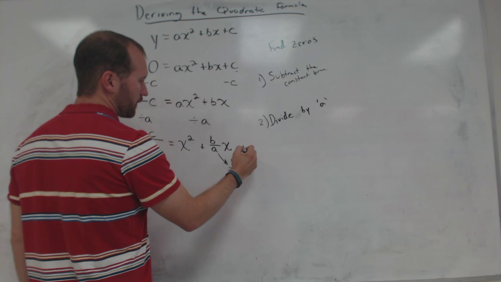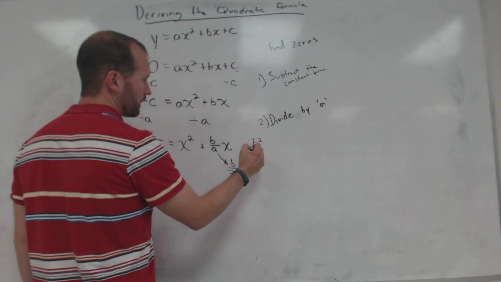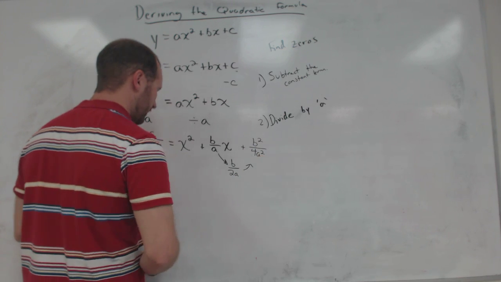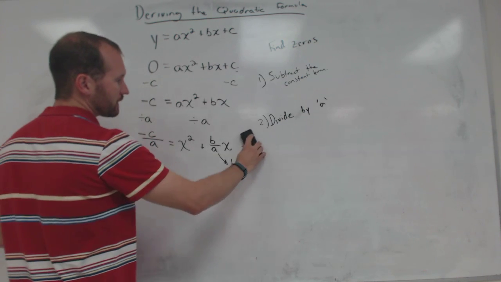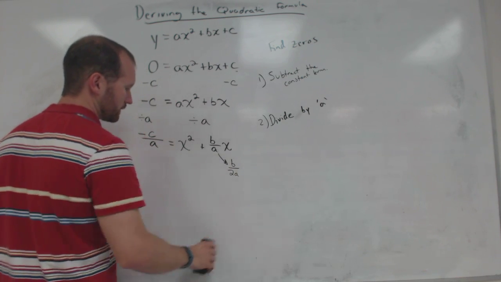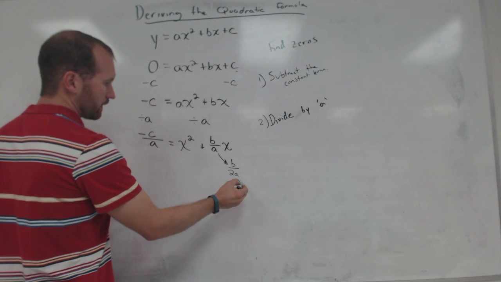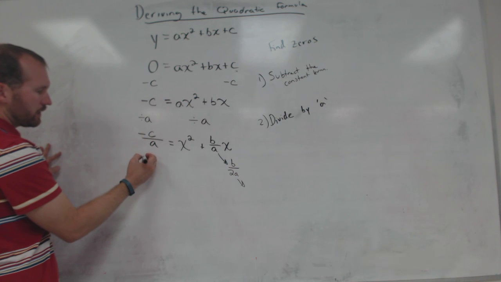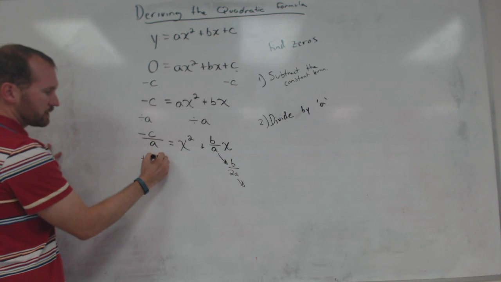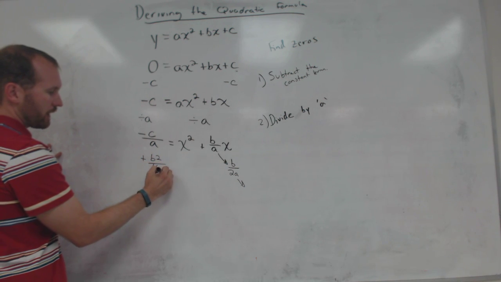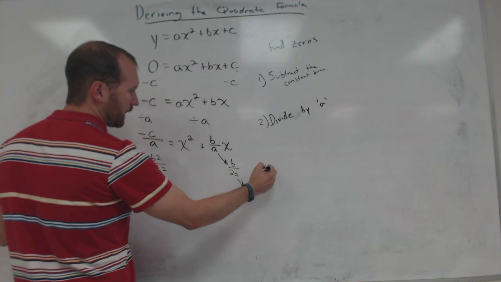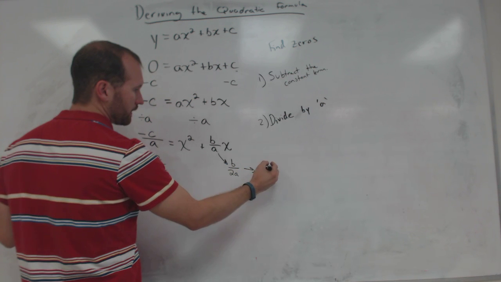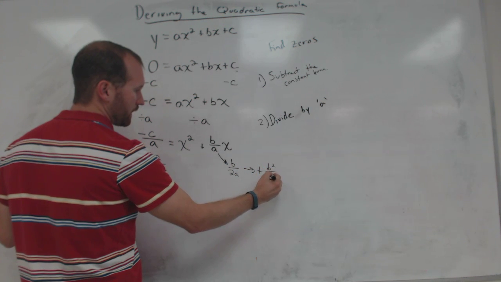When we square that, we get b squared over 4a squared. And we add that to both sides. So I'm going to rewrite this as 2 separate steps, just so you can really see what it looks like at each phase. So down here, I'm going to add b squared over 4a squared.